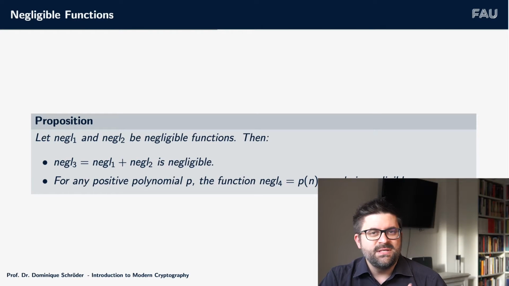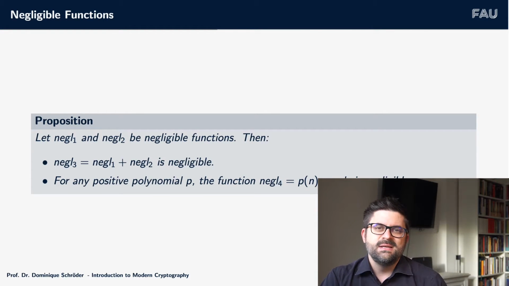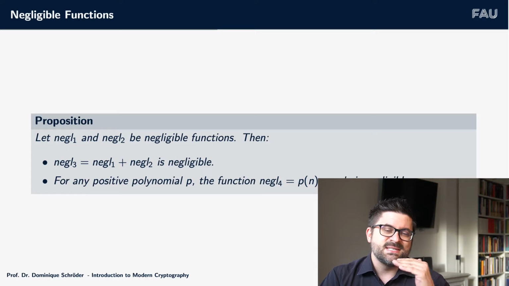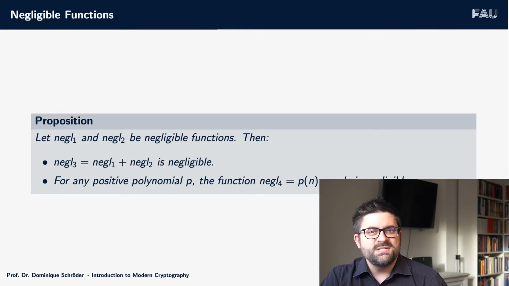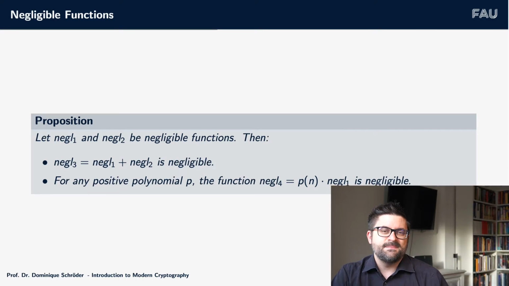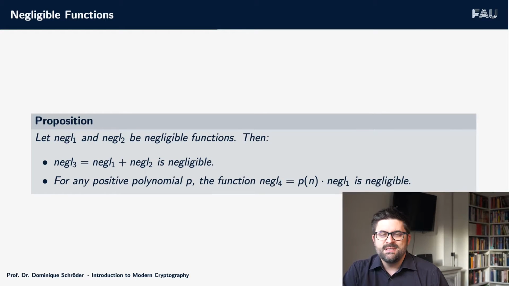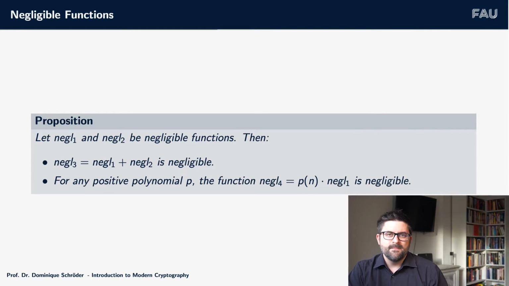We need this very often for security proofs, because sometimes we consider different cases and analyze each case separately. This proposition tells us that if the adversary succeeds in each of these steps with negligible probability, then its overall success probability is also negligible.